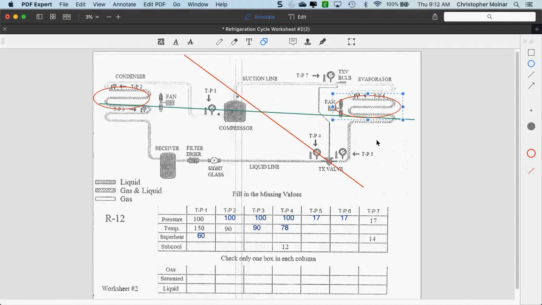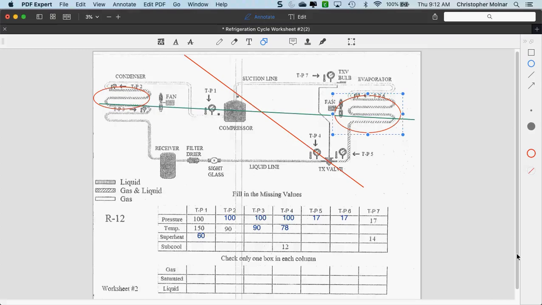Well, yeah, the evaporator starts to heat the refrigerant up inside the evaporator, right? Right, but between these 2 points, I'm boiling off refrigerant, right? Okay. So it's a latent heat change. Do I have a change in temperature any place where there's a latent heat change? No. Okay, so my temperatures at TP5 and TP6 are going to be the same.